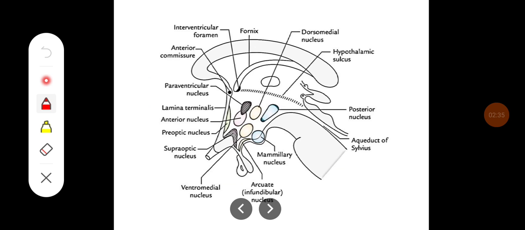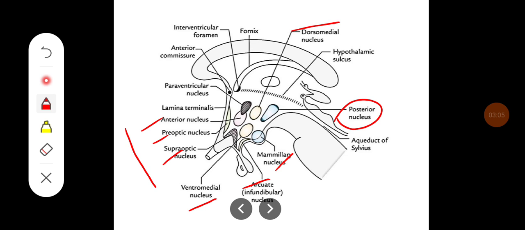So this is the diagram showing the different groups of neurons, showing the preoptic nucleus, supraoptic nucleus, and anterior nucleus from the anterior part; the ventromedial nucleus, the arcuate nucleus, and dorsomedial nucleus from the middle part; and the mammillary and posterior nucleus of the posterior part.